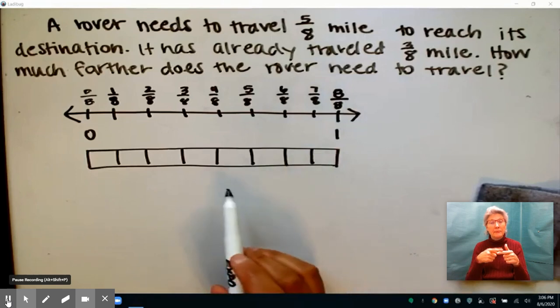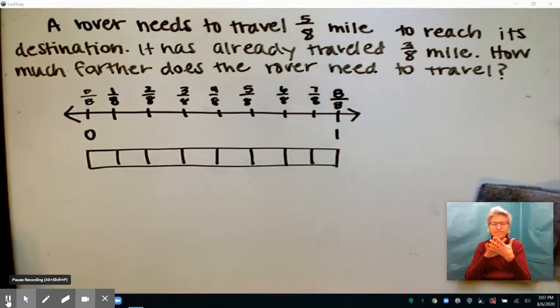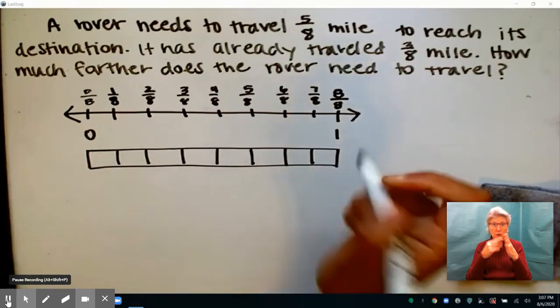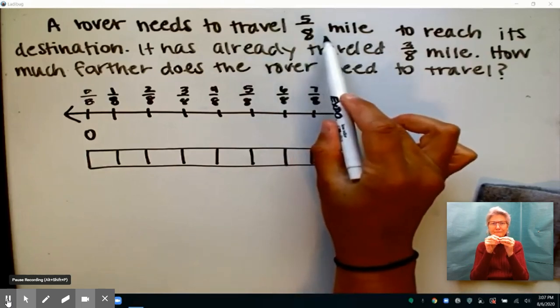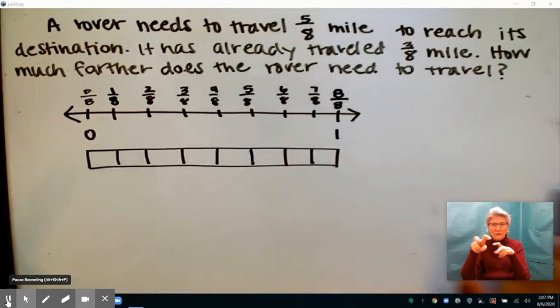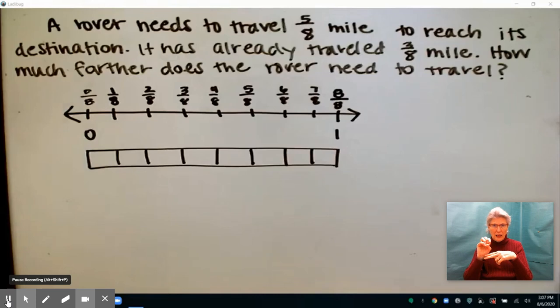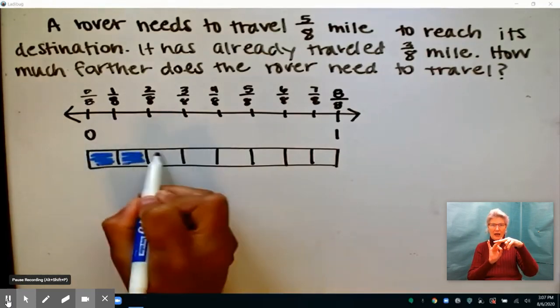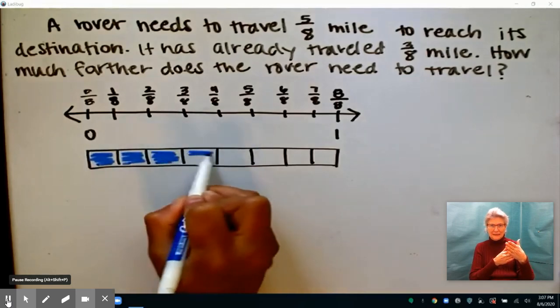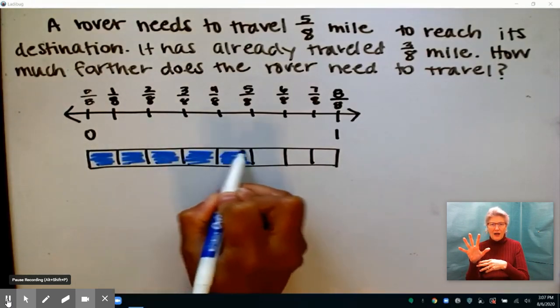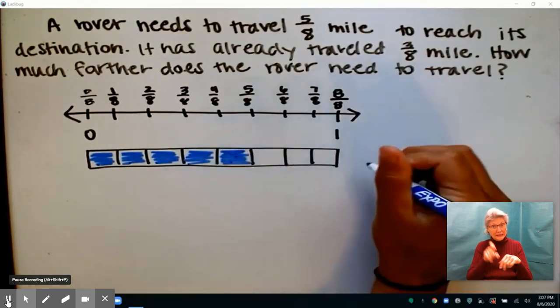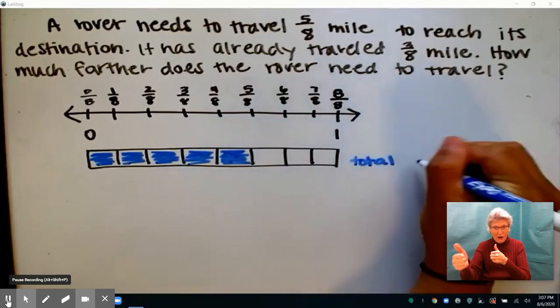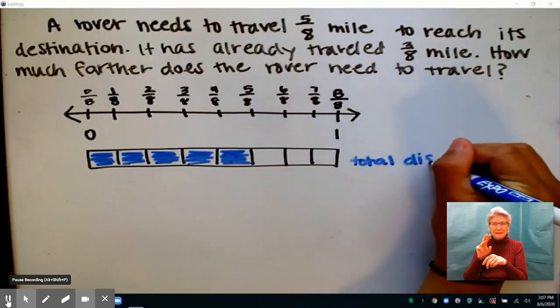And then I'm going to start shading in this model. So I know that the total distance that this rover needs to travel is 5/8 of a mile. So I'm going to shade in 5 out of these 8 sections. So here's 3, 4, 5/8. And now this is my total distance. So I'm going to label that just to help keep myself organized.